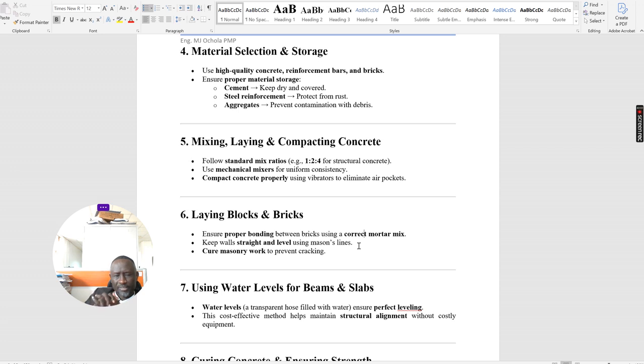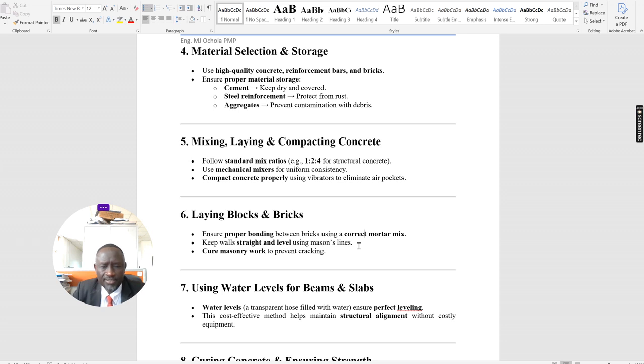So it is very important that we do that, and that is vertical, but also horizontal. I've seen them also using a spirit level and also a water level. So if you can control both horizontal and vertical, then you should be able to come up with something that is fit for purpose and will not collapse suddenly.